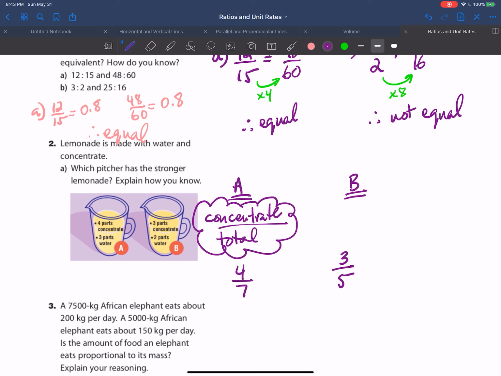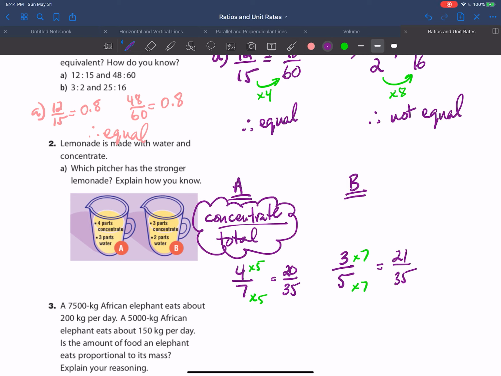Now, they're still not the same. I can't compare them because the denominators are different. But if I get a common denominator, so if I multiply this by 5, which means I multiply the top by 5, I get 20 over 35. So if I multiply this by 7, I get 21 over 35.